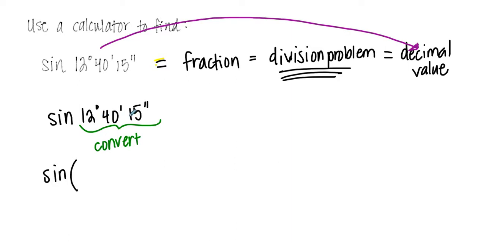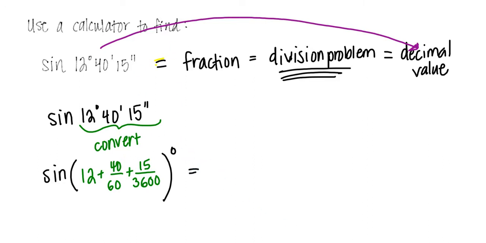Instead of 12 degrees, 40 minutes, 15 seconds, we're going to enter into our calculator 12 plus 40 over 60 plus 15 over 3600, and then end parentheses. And that is our degrees.